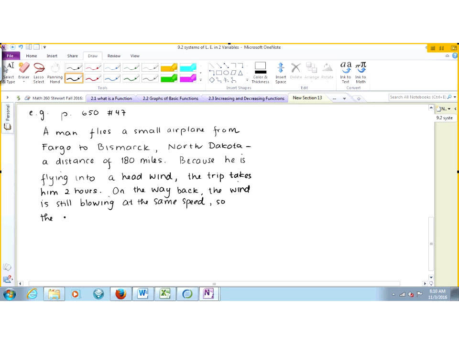So the return trip takes only 1 hour, 12 minutes. What is the speed in still air?